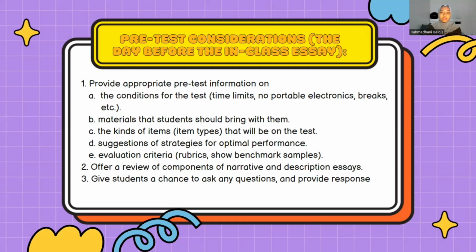B, materials that students should bring with them. C, the kinds of item types that will be on the test. D, suggestions of strategies for optimal performance. E, evaluation criteria such as rubric, show, benchmark, samples. The second is to offer a review of components of narrative and description essays. The third is to give students a chance to ask any questions and provide responses.